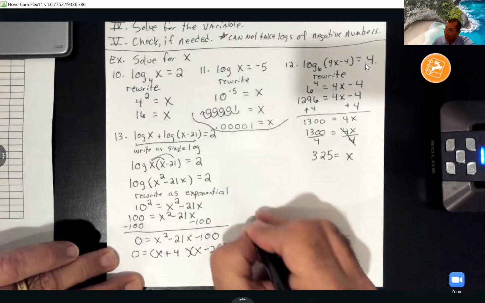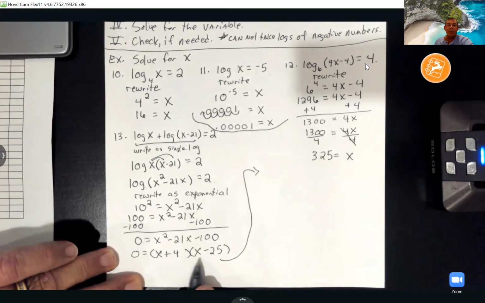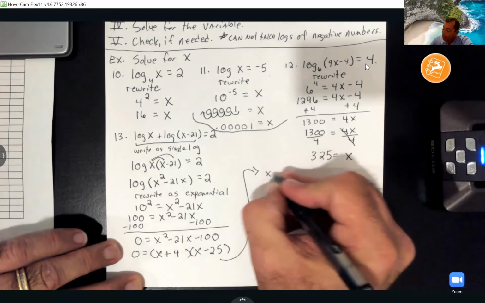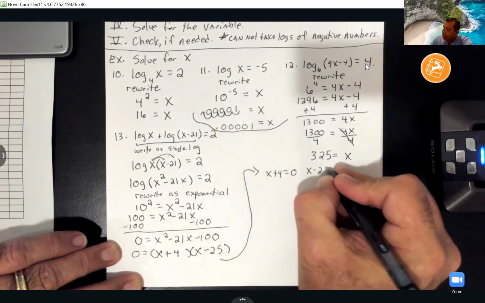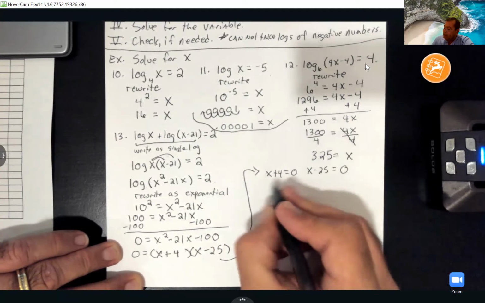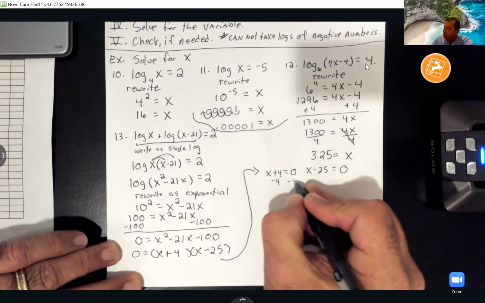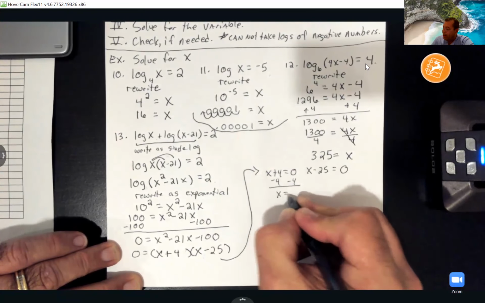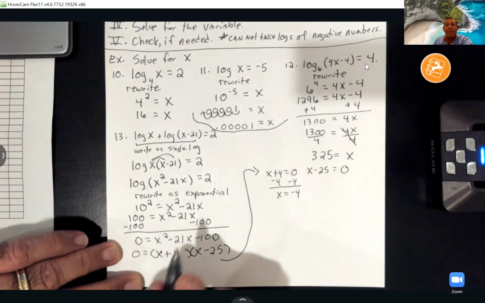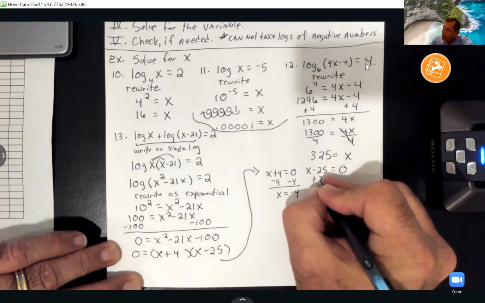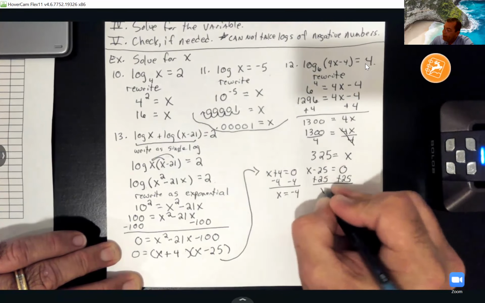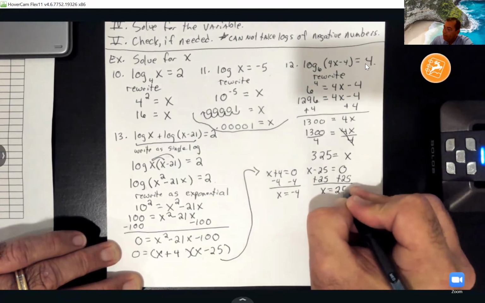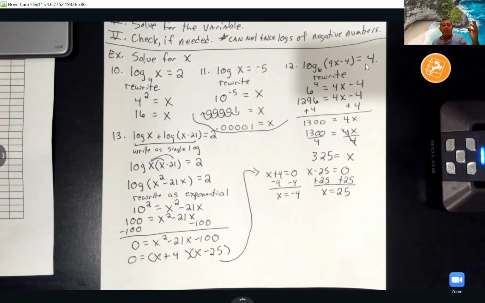All right, to continue that, I'm going to set both these equal to 0 and solve for those x's. So y'all, the first one, we're going to subtract 4, and I get x is negative 4. The second one, I'm going to add 25, and I get x equals positive 25. So what would y'all put as my final answer?